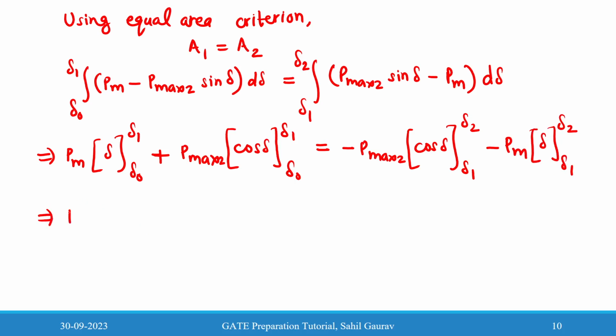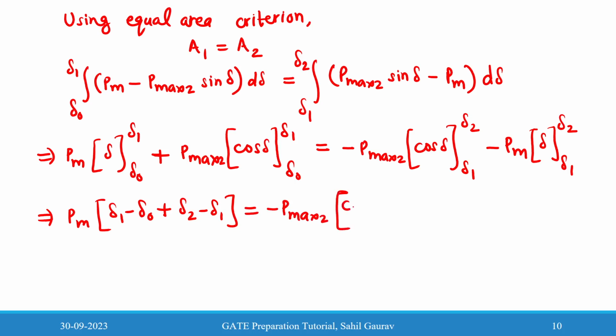So we take common: Pm will be delta 1 minus delta naught, and on this side Pm delta, so it will be delta 2 minus delta 1, and this will become minus of P max 2 times cos delta 2 minus cos delta 1 plus cos delta 1 minus cos delta 1.